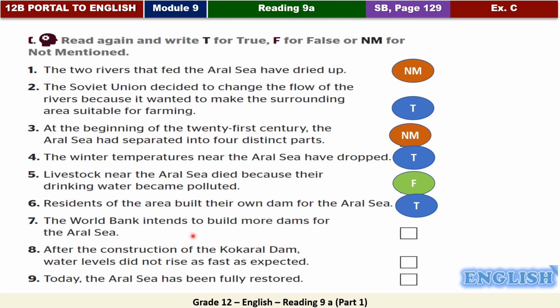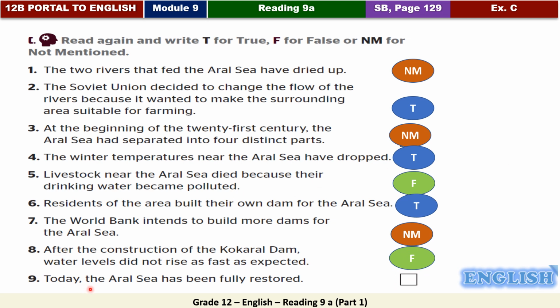The World Bank intends to build more dams for the Aral Sea. Yes, it's not mentioned. What about 8? After the construction of the Kokhoral Dam, water levels did not rise as fast as expected. Yes, very good, it's false.